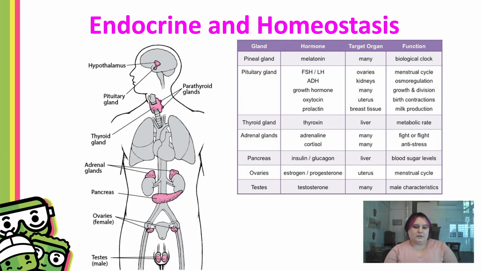All right, moving on now to something a little bit different. Let's talk about the endocrine system and homeostasis. So the endocrine system, these are our hormones. And hormones are another way in which our body responds to changes in the environment.